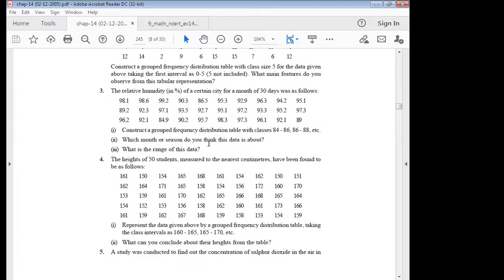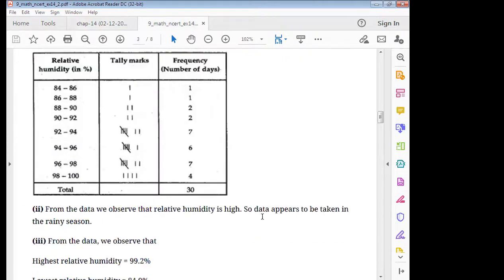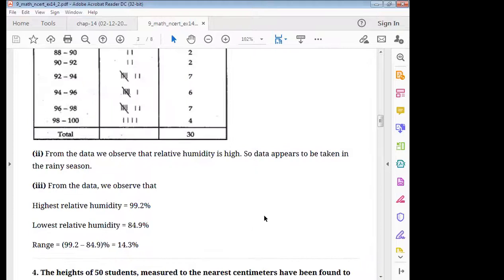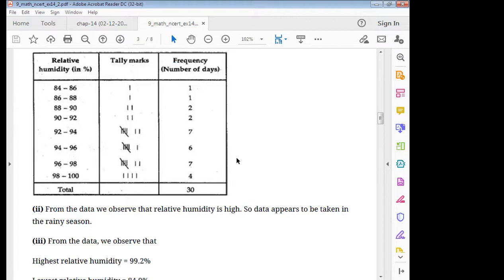Which month and season do you think this data is about? Means, when you complete the table, you observe from the table which month is it for this humidity, right? So look at the solution of question number 3, and this is the table as we formed for question number 3.